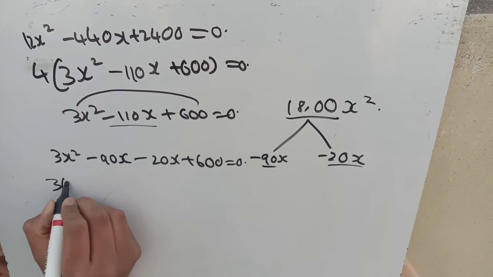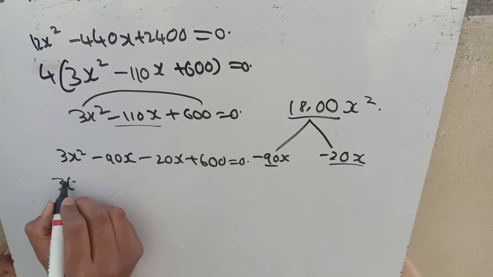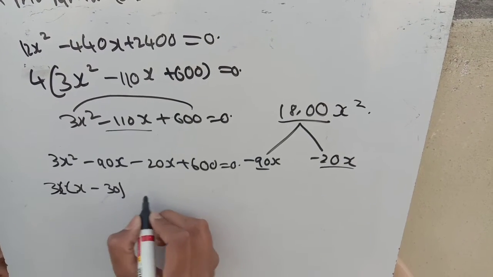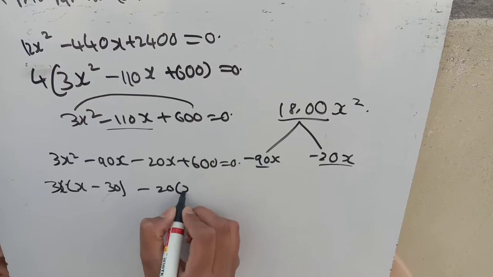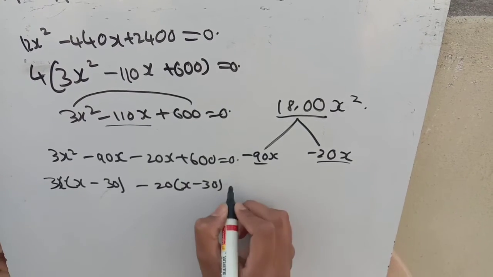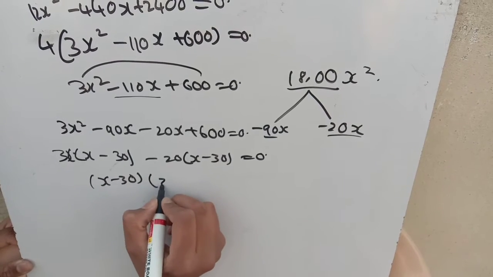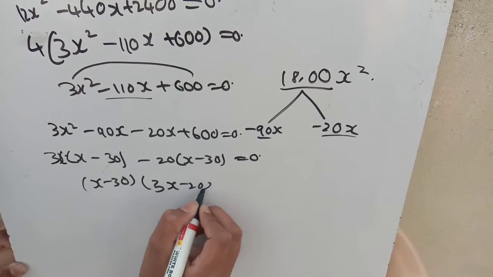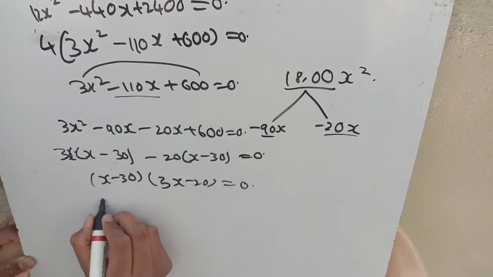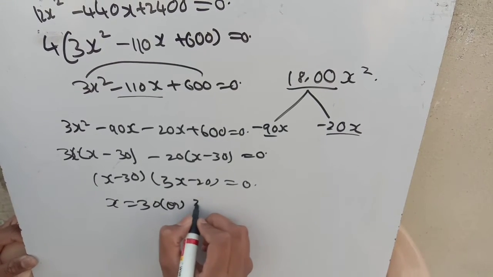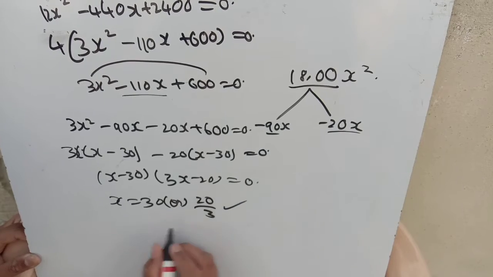So 3x of x minus 30 minus 20 of x minus 30 is equal to 0. So x minus 30 of 3x minus 20 is equal to 0, and therefore x equals 30 or 20 by 3. We will take this 20 by 3 only.